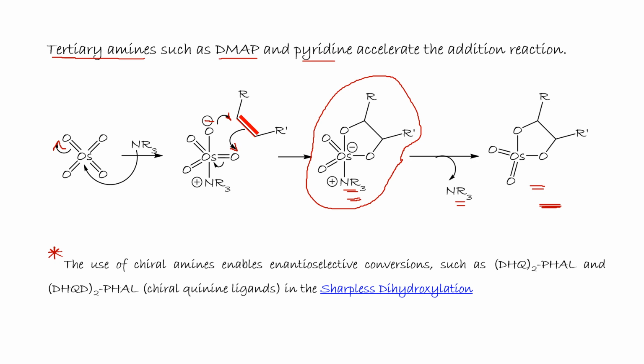The use of a chiral amine enables enantioselective conversion. So Sharpless realized that, and he used the chiral quinine ligands and added to his chemistry innovation.